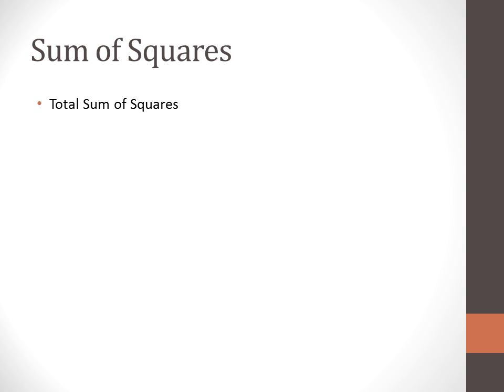As the name implies, the sums of squares total is the sums of squares for the entire set of n scores. We calculate this value by using the computational formula for the sums of squares. So the sums of squares total is generally indicated by SS subtotal.